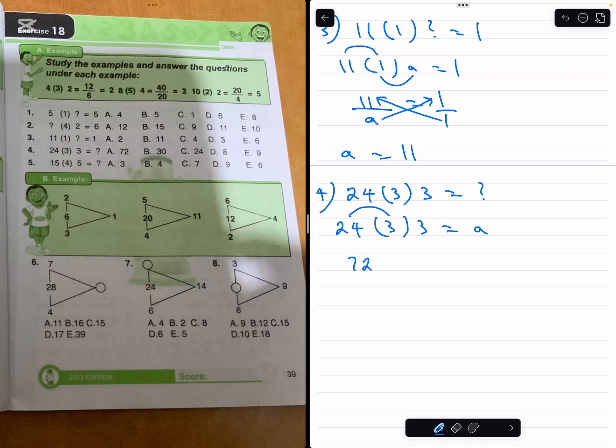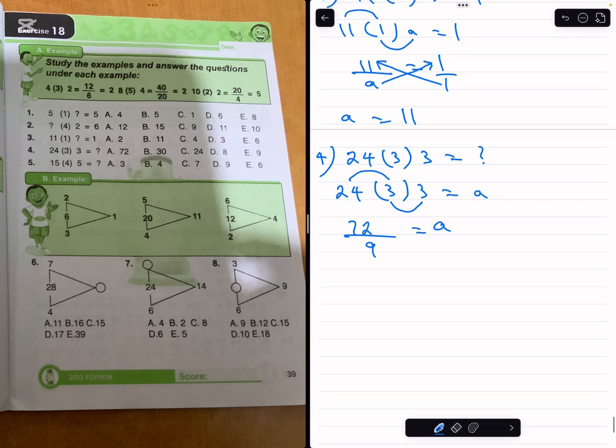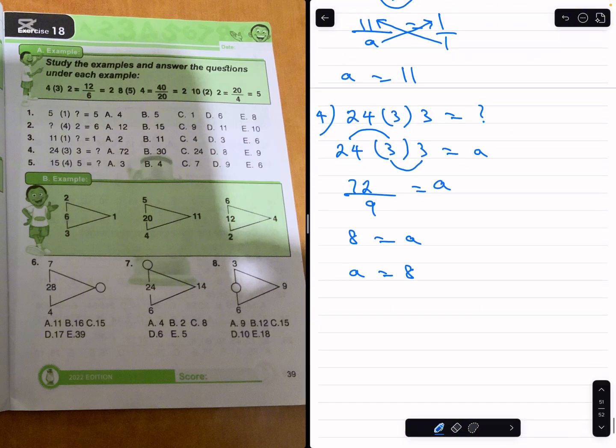You'll work it out. Divided by 3 times 3, 9. So 72 over 9 equals A. So now what does that mean? That simply means 72 over 9 is 8. 8 equals A. And that's the same as saying A equals 8. So the answer is 8.